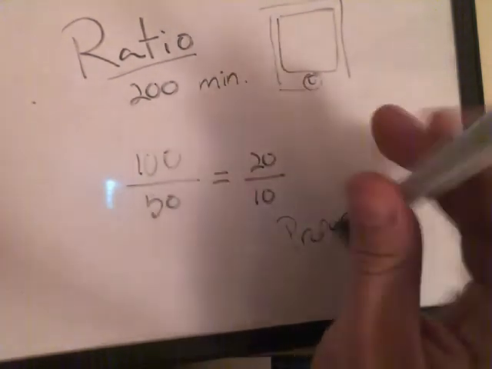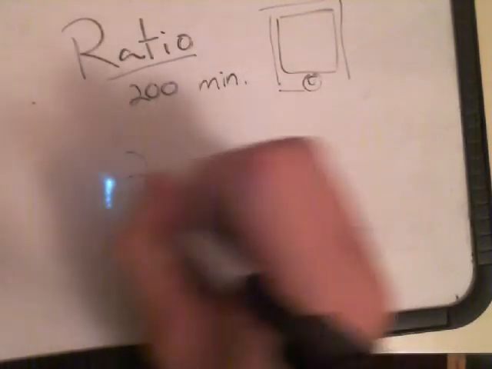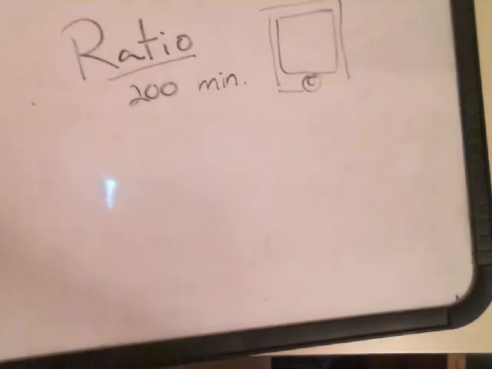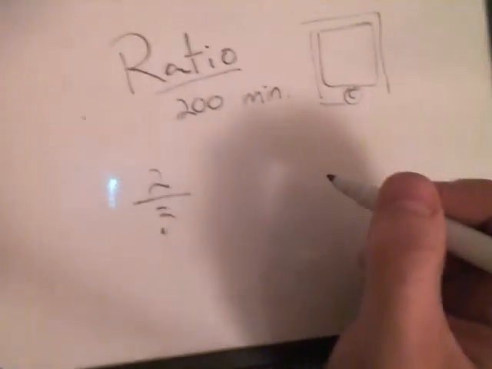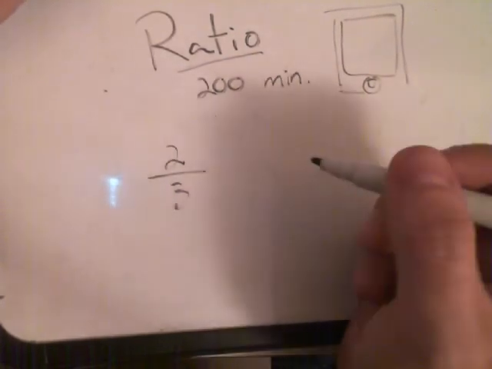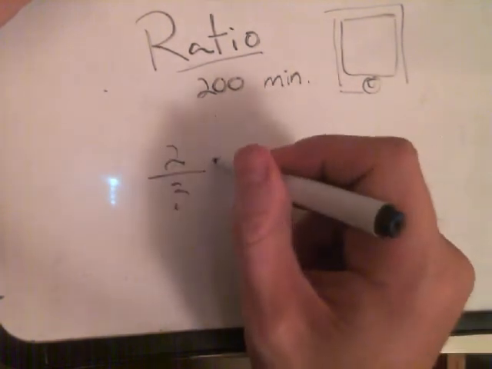Yeah? So let's think about it. Sorry guys about this marker. So, for example, if I had a ratio of 2 over 3, or 2 to 3, can I think of another ratio that will have the same basic relationship between the amounts?